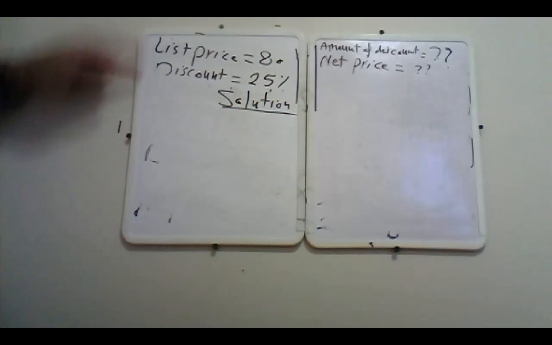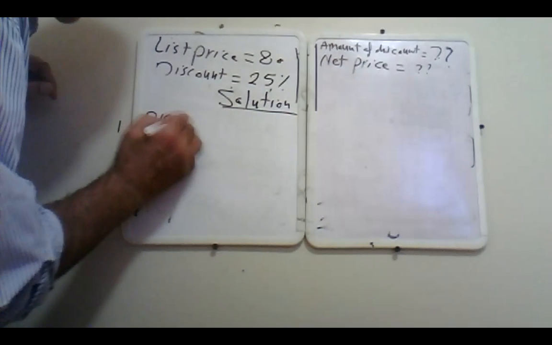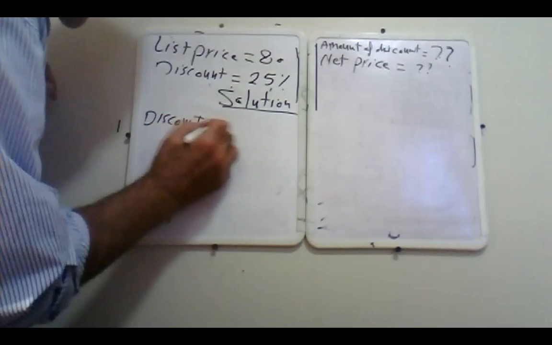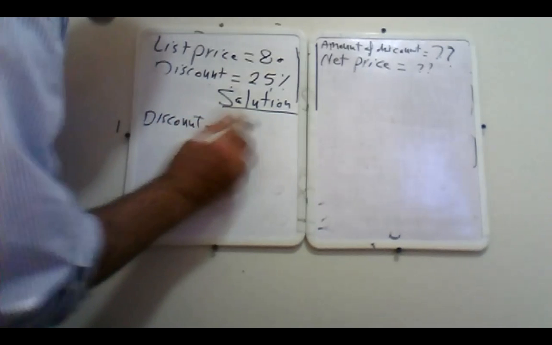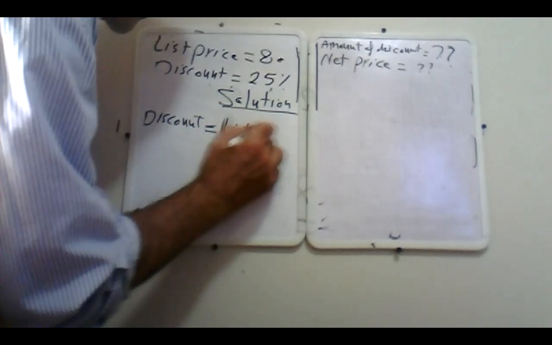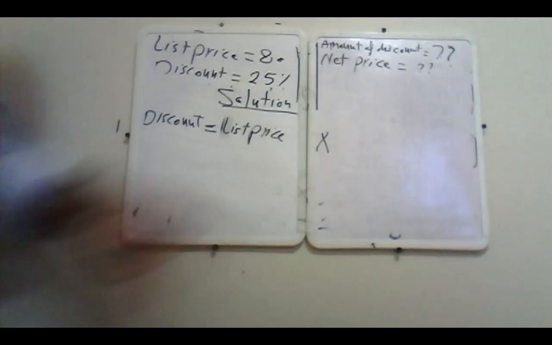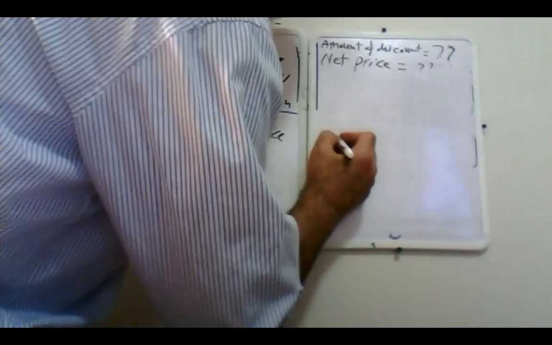Okay, now first I will get the discount. Discount will equal the list price multiplied by the discount rate.